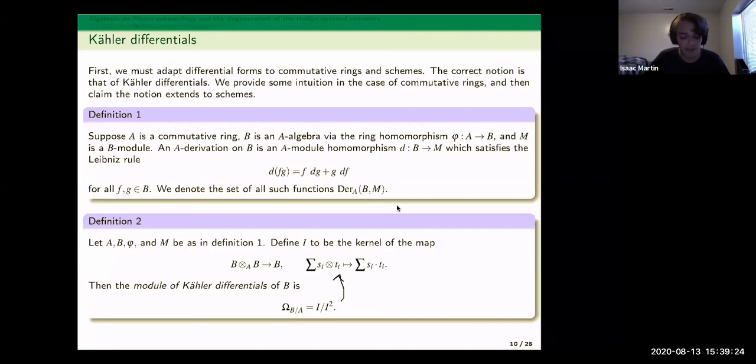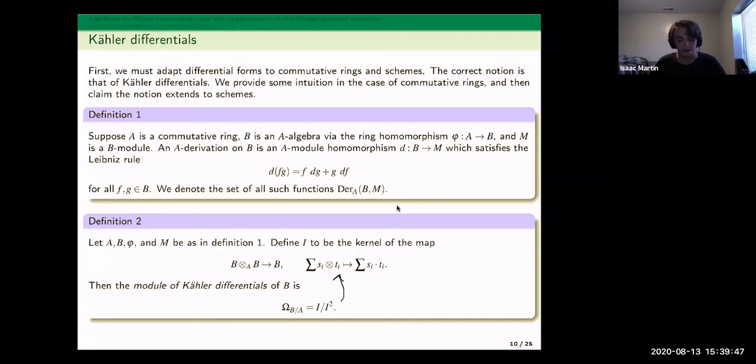So if we take B to be some A-algebra, where A is a commutative ring, that just means we have a ring homomorphism from A to B. And if we take M to be a B-module, then an A-derivation on B is just some A-module homomorphism D, which additionally satisfies the Leibniz rule. And so that's what a derivation is. That's fine.